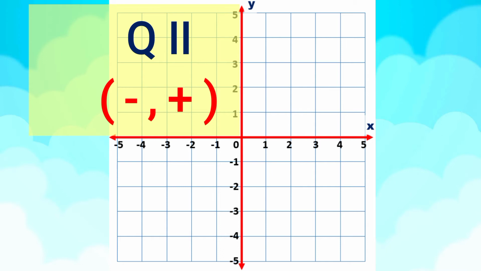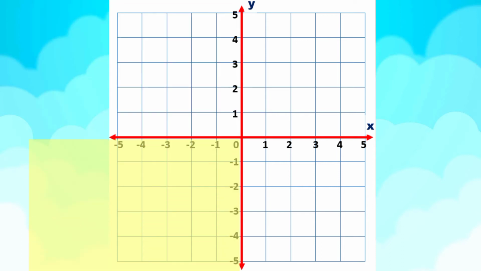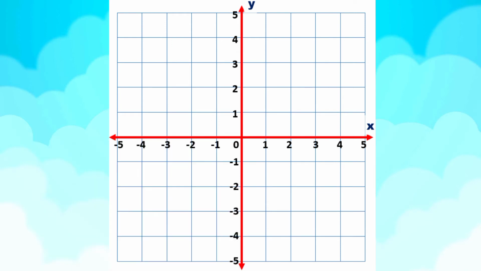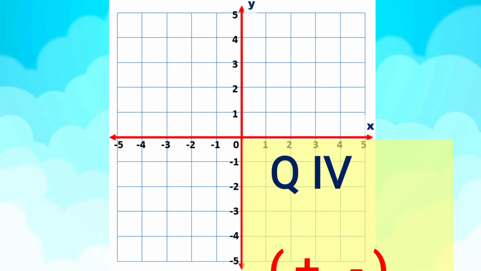All points located on the x-axis on the left of the 0 have negative signs, and the points located on the y-axis are all positive. On the third quadrant, both coordinates are negative. And the last quadrant has the signs of positive, negative.